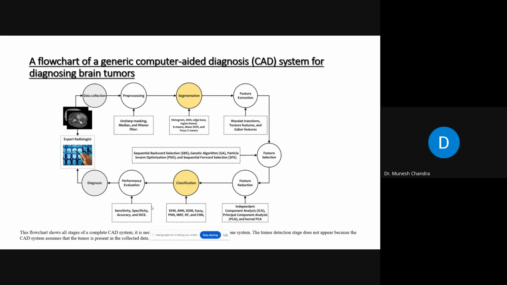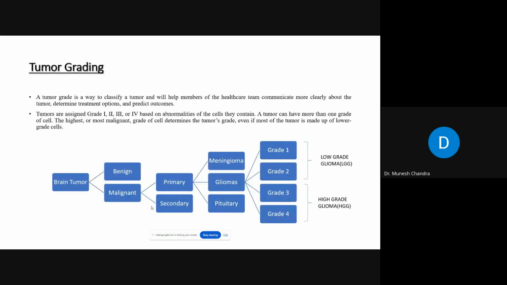Performance evaluation is done on certain parameters: we have to check the sensitivity, the specificity, and the accuracy. Based on these parameters, we do the performance evaluation, and after that, with the help of an expert radiologist, we can diagnose the disease, like what is the level of disease at a particular moment.